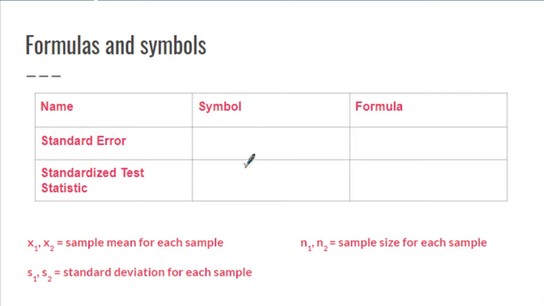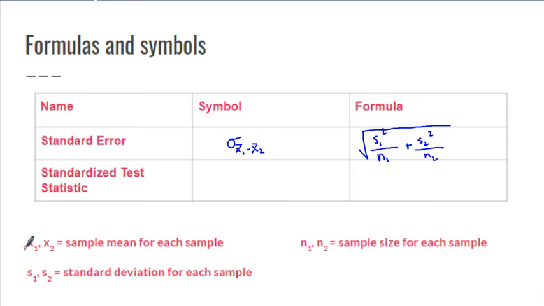So standard error, all right, our symbol here is going to be standard deviation of x1 minus x2. So it's our standard error for a two-sample mean test, okay? And the formula is we're going to do S1 squared over N1 plus S2 squared over N2, and we're going to take the square root of that whole thing.